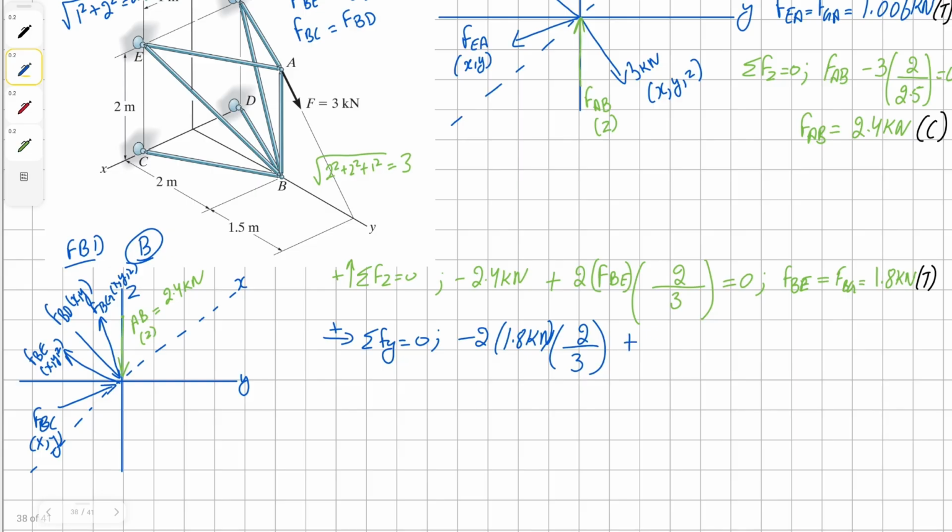And then we're going to have positive 2 times either force BC or BD and their y component, which is 2 over 2.236, equals to 0. Solving for force BC and BD, we get our solution as 1.34.